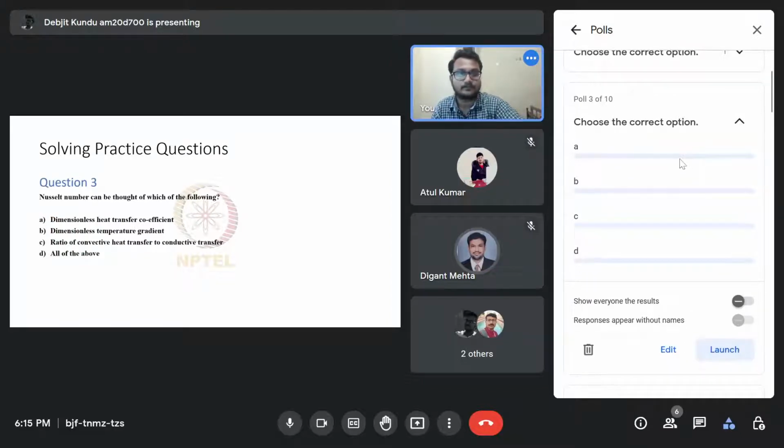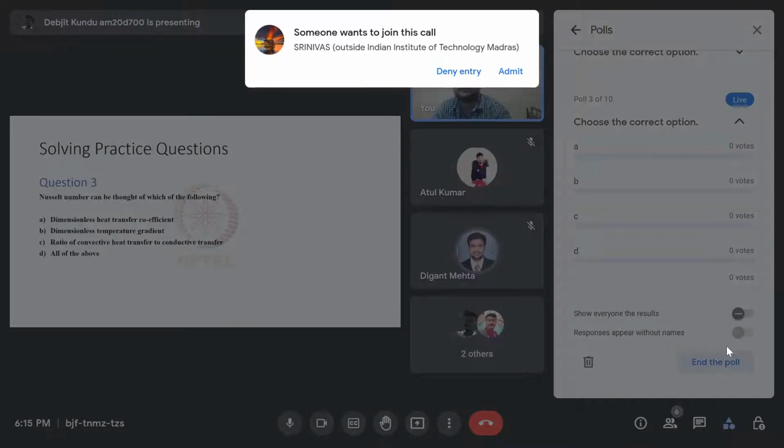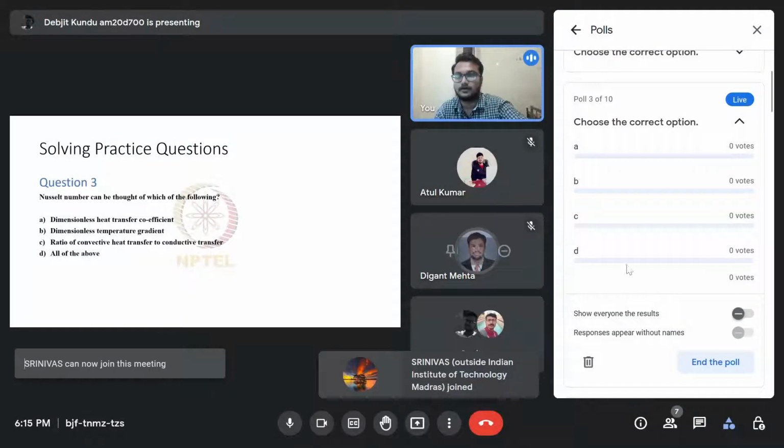Okay. So moving on to question number 3. Question number 3 says Nusselt number. This can be thought of as which of the following? There are four options. Option A says dimensionless heat transfer coefficient. Option B says dimensionless temperature gradient. Option C says ratio of convective heat transfer to the conductive heat transfer.